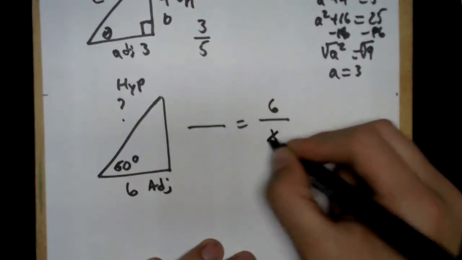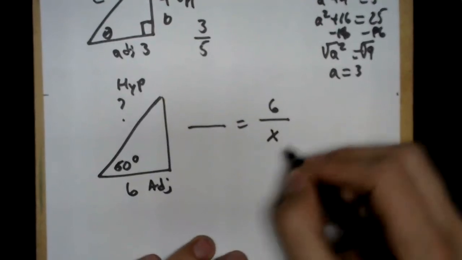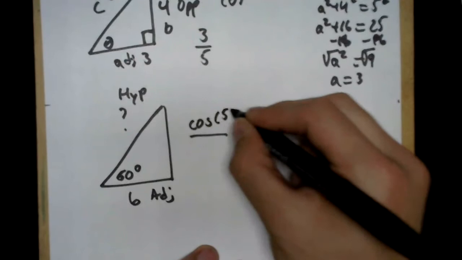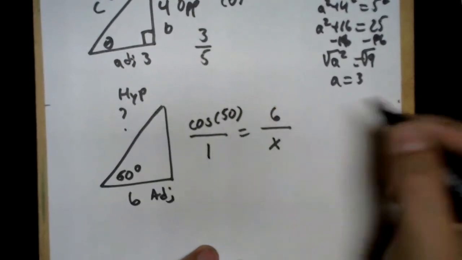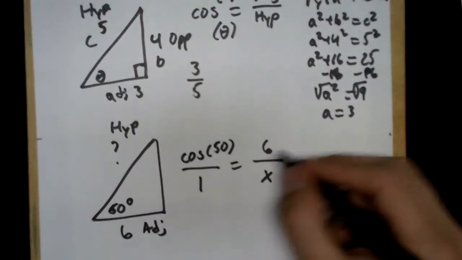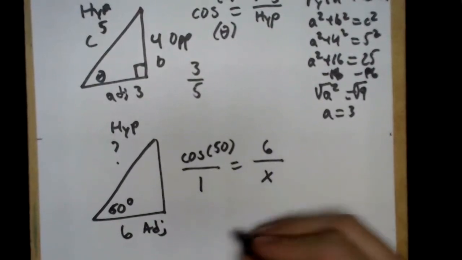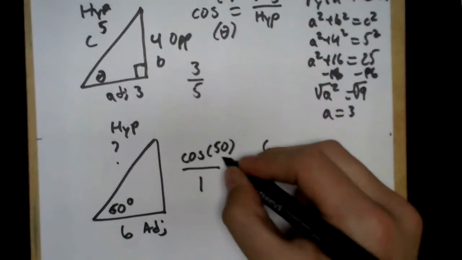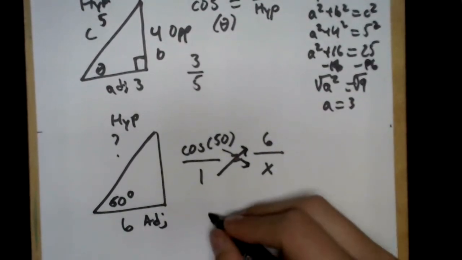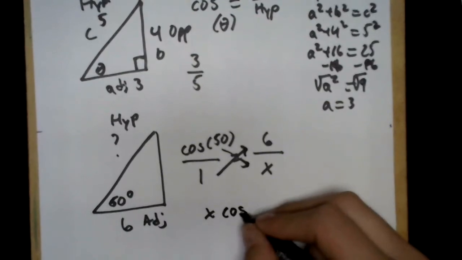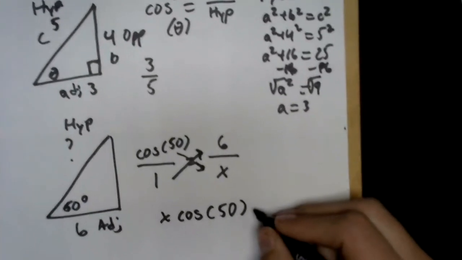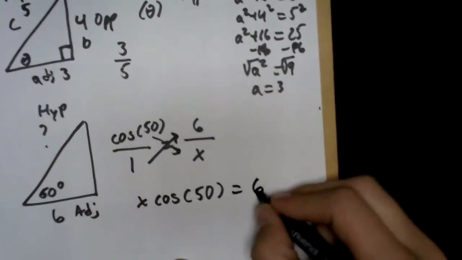You don't know what that is, so we'll just say it's x. And you can put your cosine of 50 and put it over 1. Then you can cross multiply. So this is x times cosine of 50 equals 6.